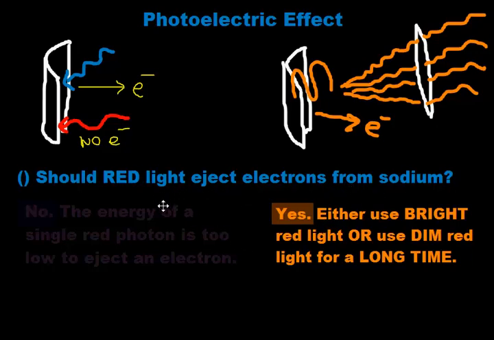Classical theory predicts that yes, red light can eject electrons off the metal plate, because the waves add together. You could either use bright red light, which is really intense and should have enough energy to knock out an electron, or if you have dim red light, then you just wait a long time until the energy builds up and knocks an electron out. Kind of like trying to start a fire with a magnifying glass.